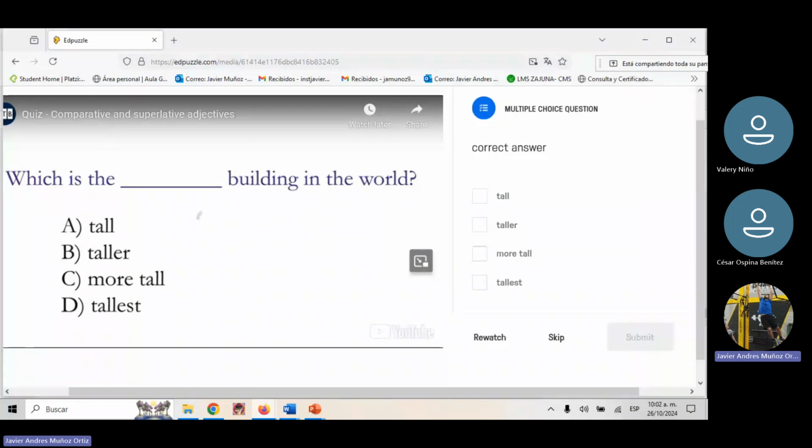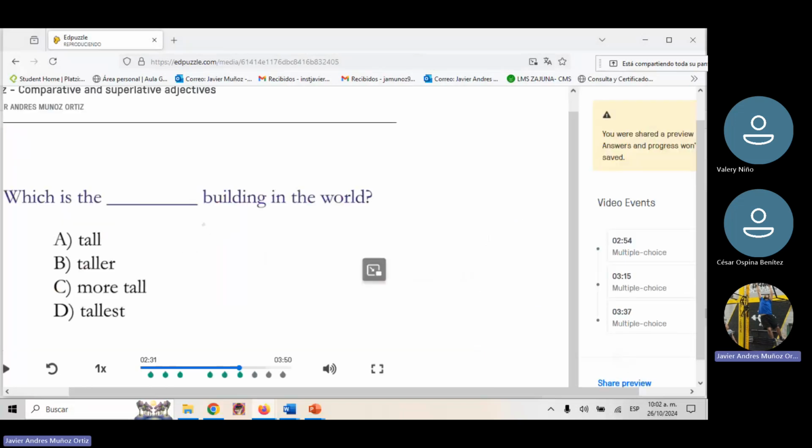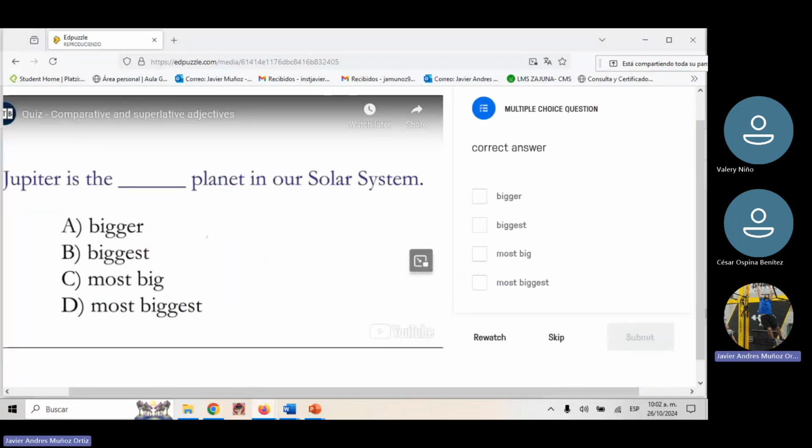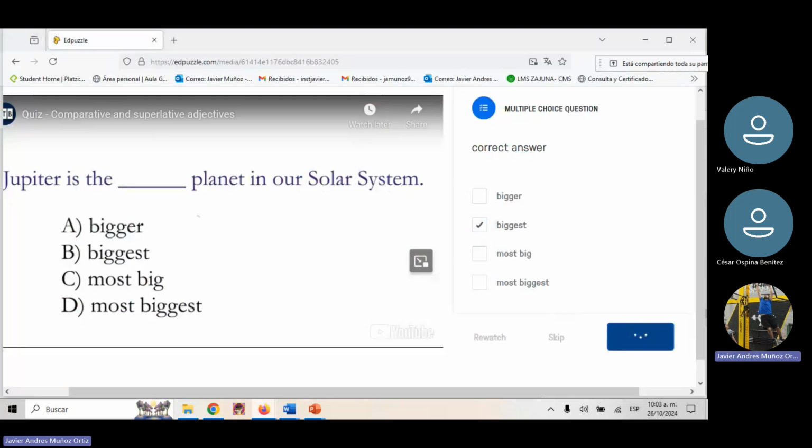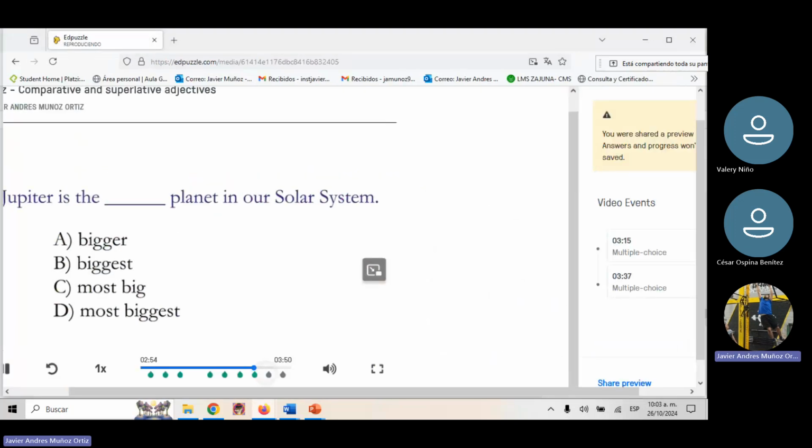Tall, taller, more tall, tallest. Option D. Good. Next question. Jupiter is the planet in our solar system. Bigger, biggest, most big, or most biggest? Okay, biggest. And that's absolutely right.